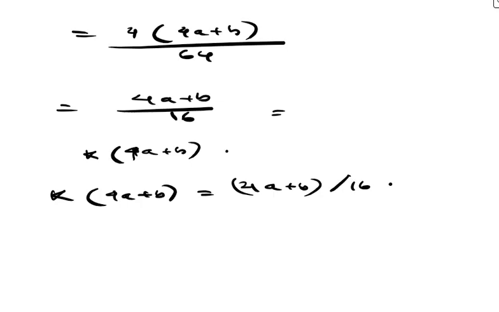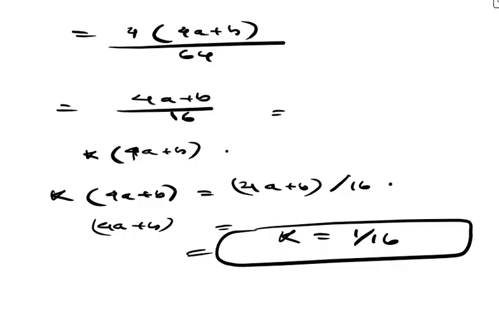Both sides contain the term 4a plus b. Since a and b are positive constants, 4a plus b cannot be 0. So we can safely divide both sides by 4a plus b, and after cancelling we get k is equal to 1 by 16. Therefore the value of k is equal to 1 by 16. Hence the required value of k is 1 by 16.